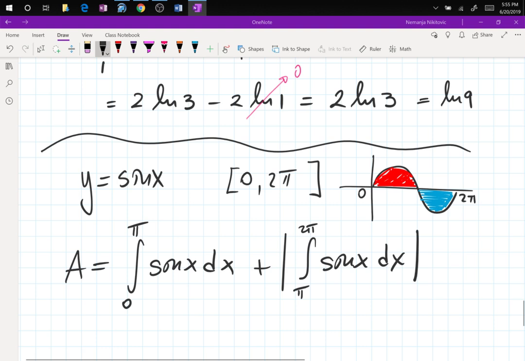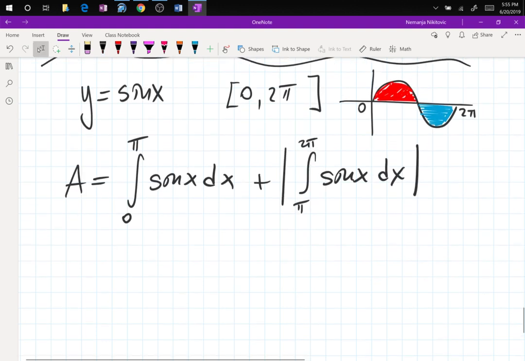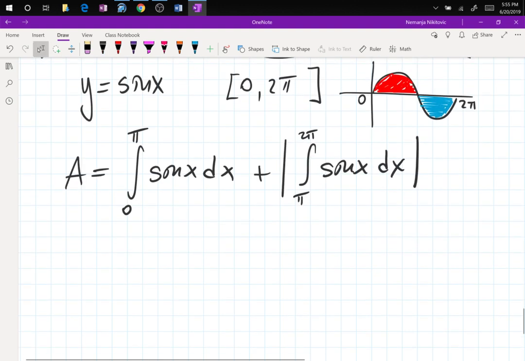Any area below the x-axis needs to be in absolute values. Because if you just calculate, it will be negative and you will have the same issues. So any area under the x-axis needs to go into absolute values.